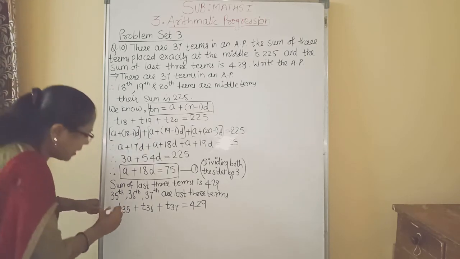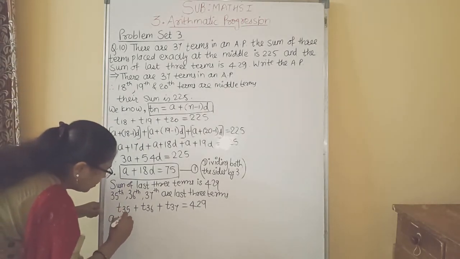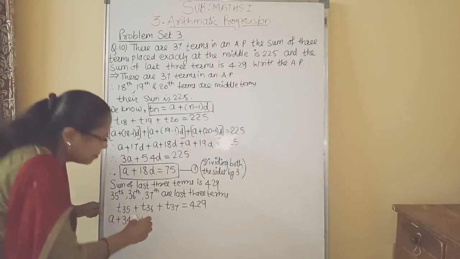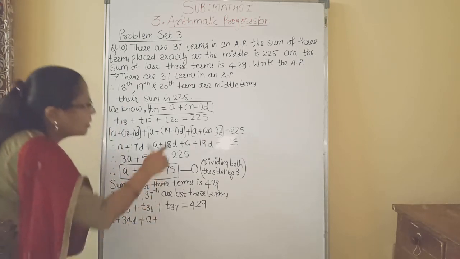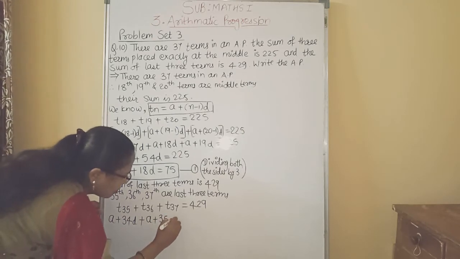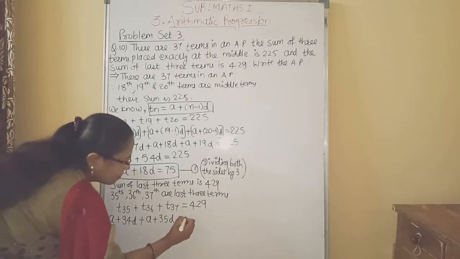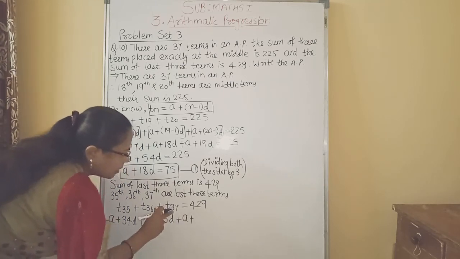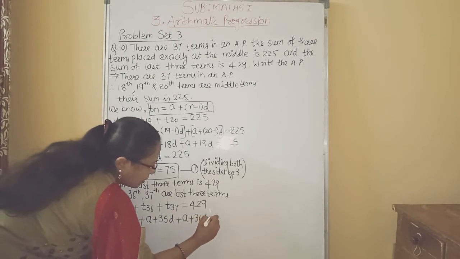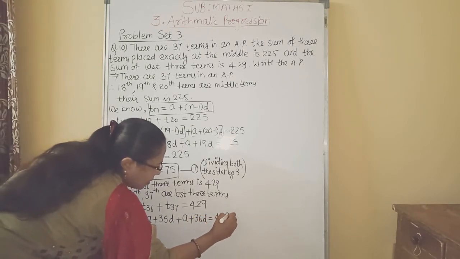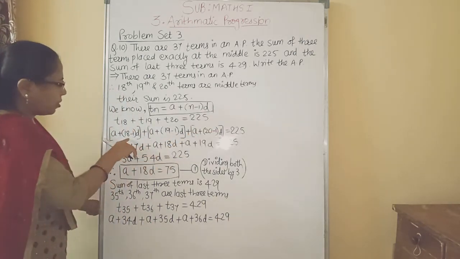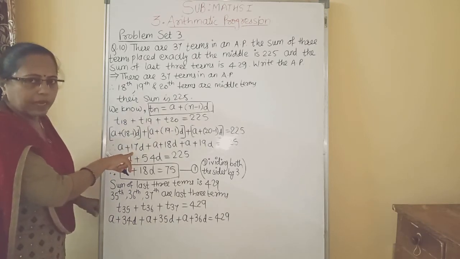So T35 I will get A plus 34D, plus T36: A plus 36 minus 1, 35D, plus T37: A plus 37 minus 1, 36D, is equal to 429. Followed students, I skip this step. Instead of that, I wrote directly this step. So you also can write directly.